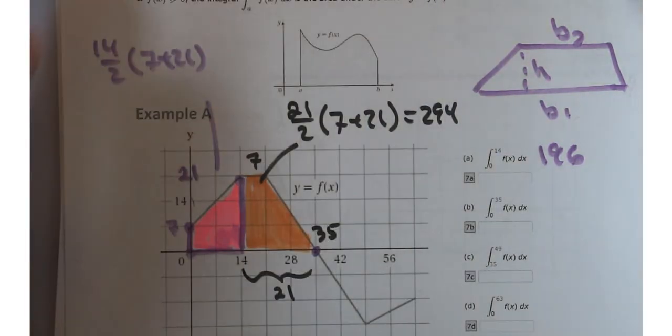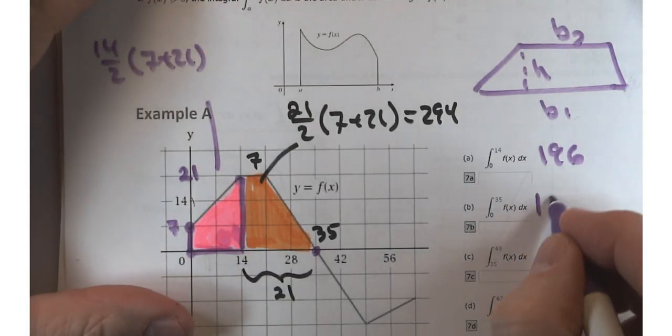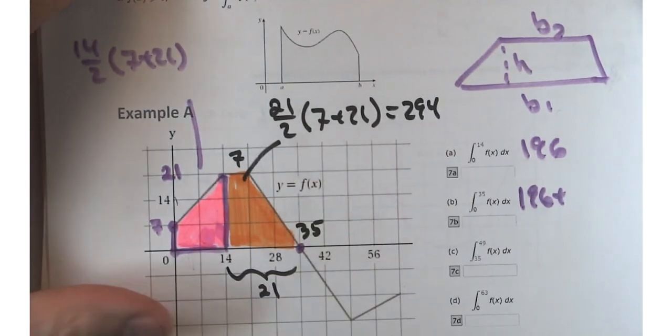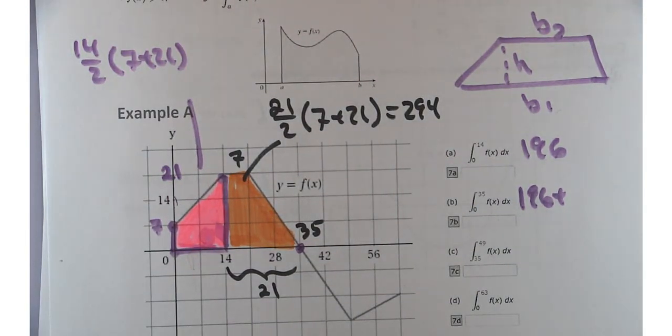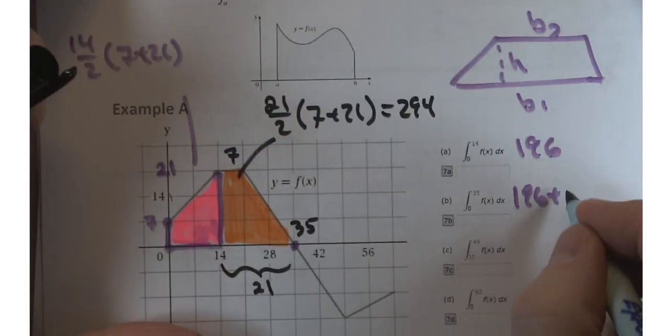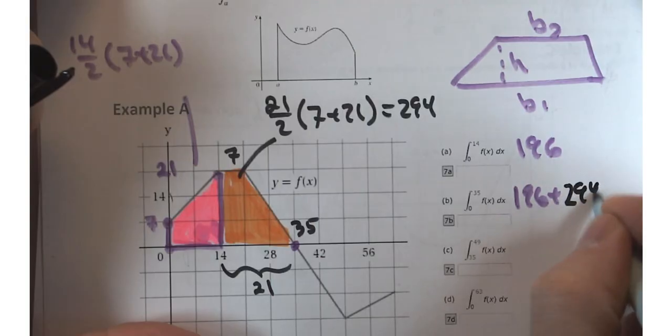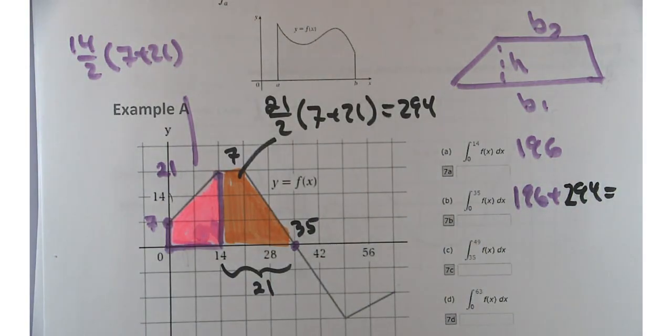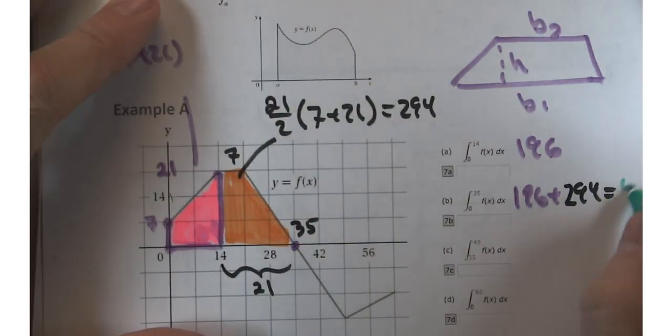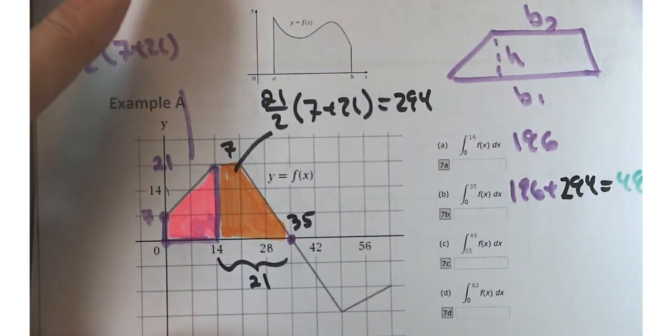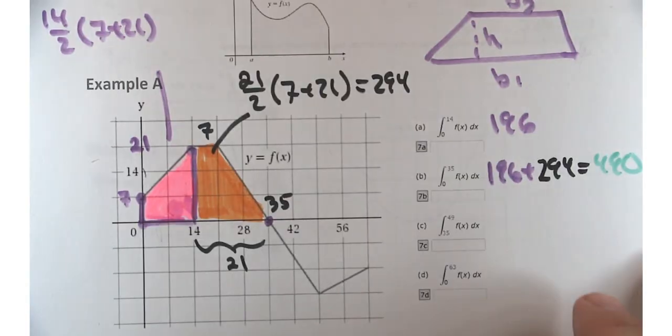So our total area then is going to be our 196 plus the 294. So 490 for the total area. So 490. Nice. So then we're going to go a little bit farther.